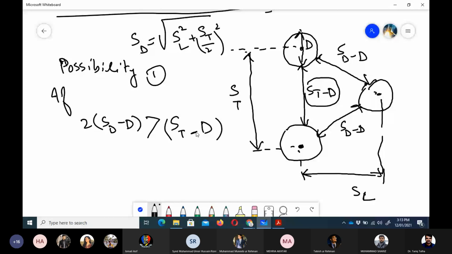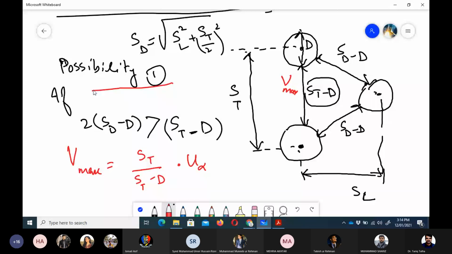So the location of Vmax would still be here, where we have the smallest cross section. There we would have the maximum velocity. So Vmax would have the same formula as we determined for the inline arrangement: St upon St minus D into U infinity.